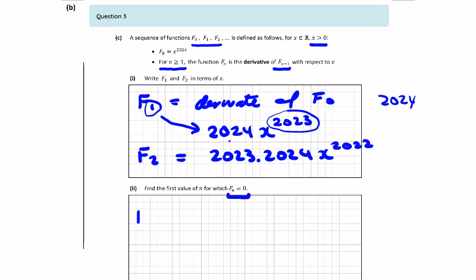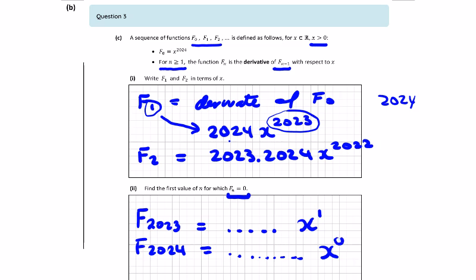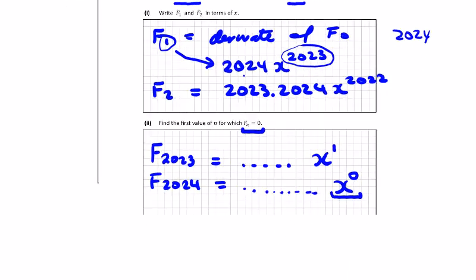So which fn will be equal to 0? Well, let's just try and work out what f2023 would be. That's going to be equal to loads of numbers along here, and then x to the power of 1. So f2024 will be equal to loads of numbers x to the power of 0, which is equal to 1. So it's still not going to be equal to 0, but now the power comes in front, the 0 comes in front.